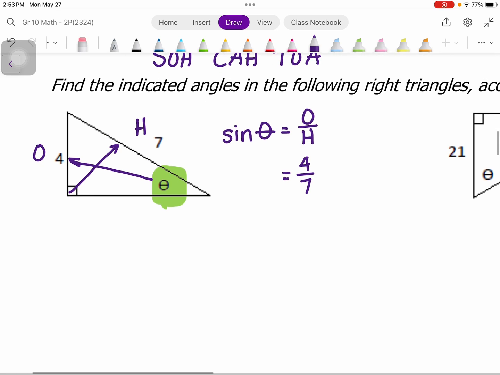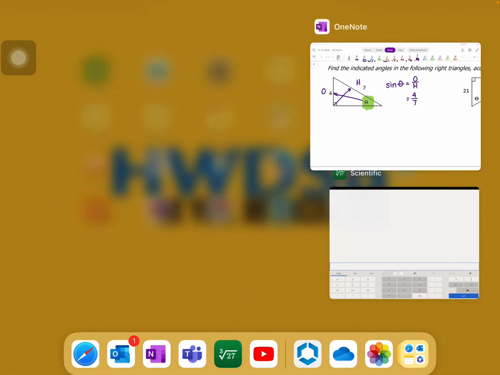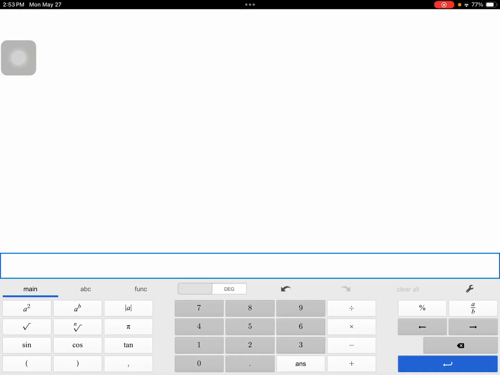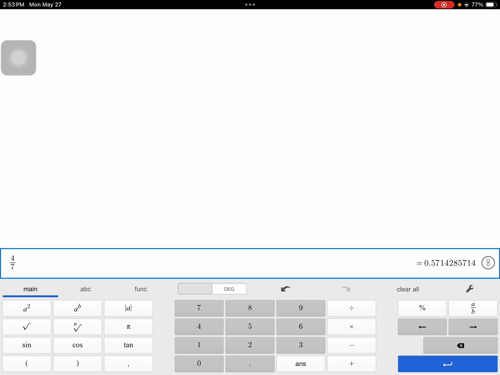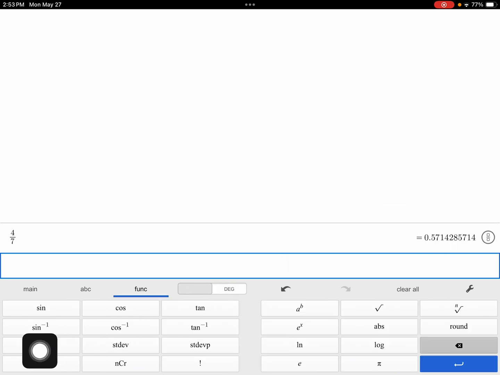In your calculator, you can divide 4 by 7 and then leave the answer up. This is going to depend on your calculator, whether you can leave that answer in and just hit the inverse sine. That's going to be the case for certain calculators. I'll show you what that looks like, but that's not how this calculator works. So 4 divided by 7 equals, and then on some calculators, if you find your inverse sine button and hit that, that will work.